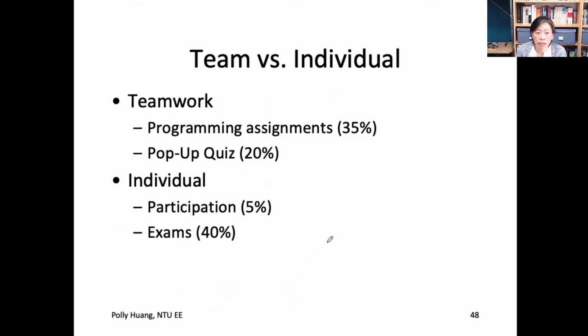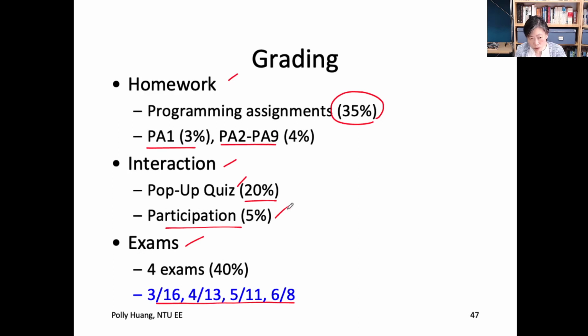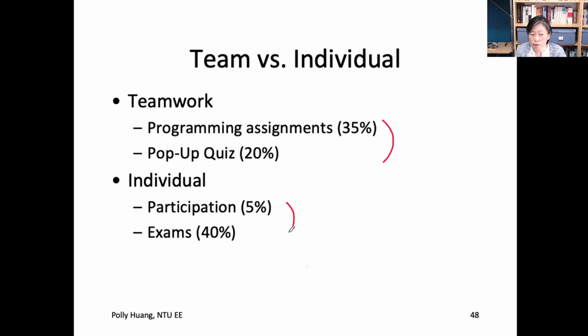Now, team versus individual. Some of you are a little bit more loners and some of you are more social. You'll see that even though you are social, only 35 points of the semester grade are results of teamwork. Poly will still need to see also individual efforts from you, in terms of participation as well as exams. So for the exams, you guys don't work in a group.